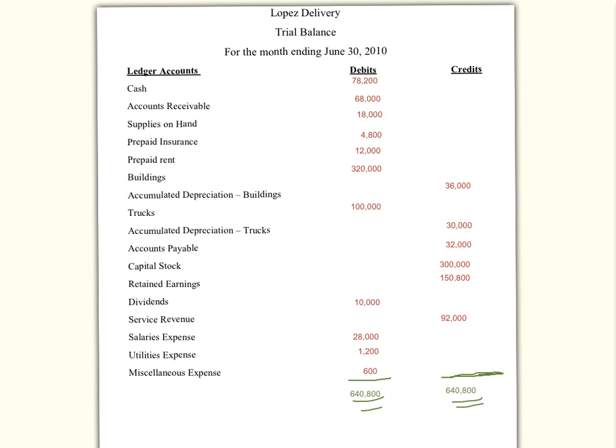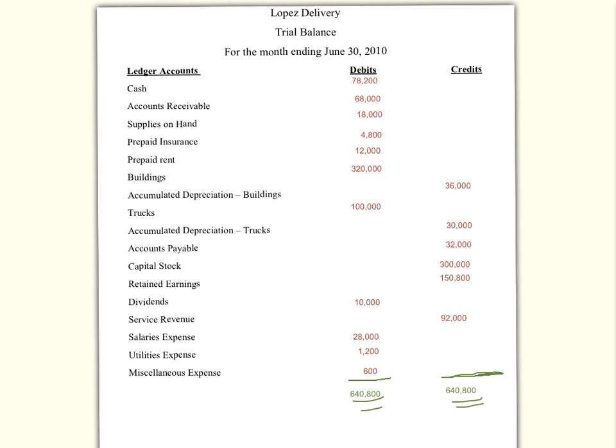Now we have the trial balance for Lopez Delivery for the month ended June 30th. And here we have a list of the ledger accounts and their debit and credit balances. So cash, debit balance 78.2, buildings, debit balance 320,000, accumulated depreciation, credit balance 36,000, capital stock, credit balance 300, revenue, of course, credit balance 92, and expenses, all with debit balances.